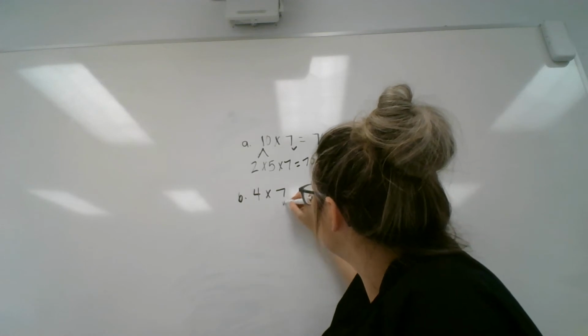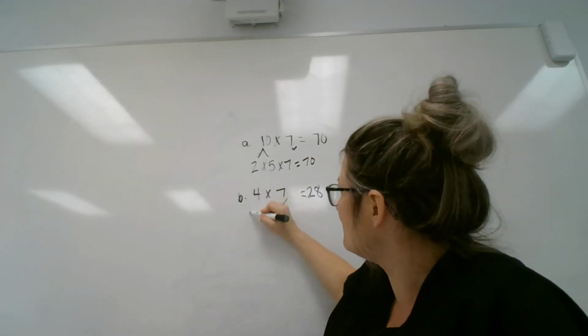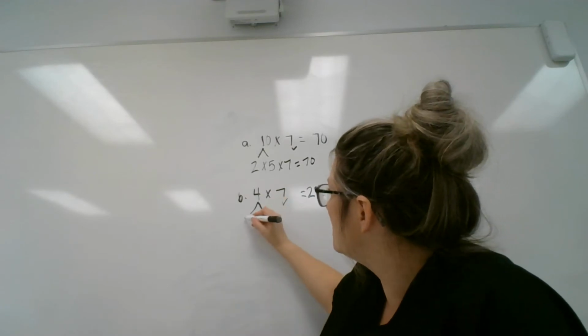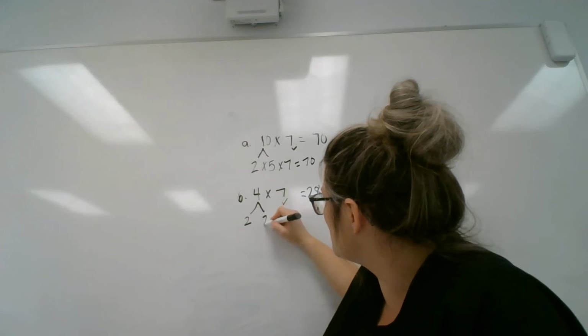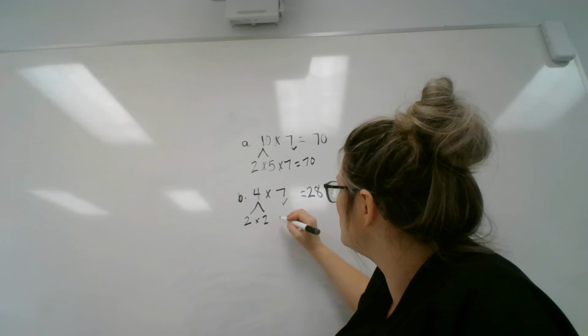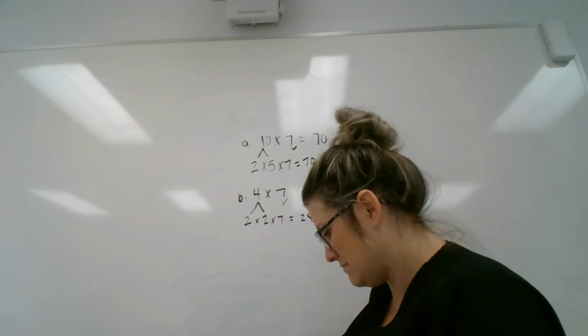I know that 7 is a prime number, so I don't have to do anything to 7, but 4 is not. What two numbers multiply together to make 4? 2 times 2. So my new number sentence is 2 times 2 times 7 equals 28.